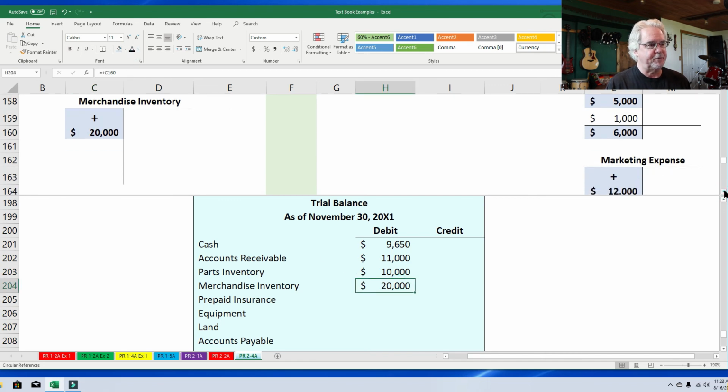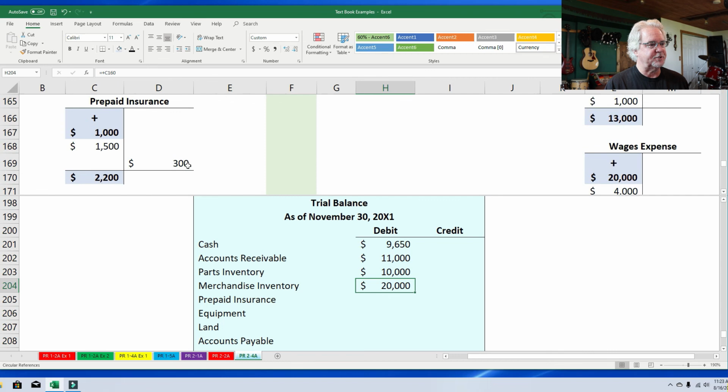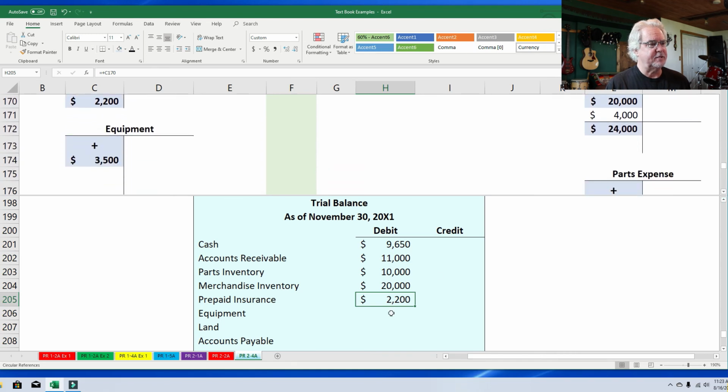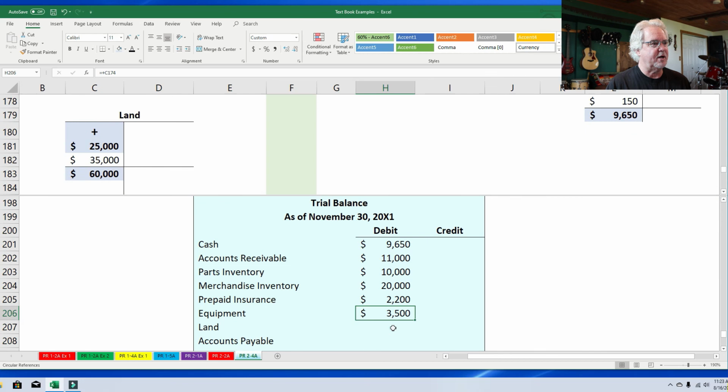If it's on the left, put it down on the left. That's all you got to do. And what was this account here? This was prepaid insurance, 2,200 on the left. Equipment, 3,500 on the left. There you go. And finally, land, 60,000 on the left. There it is.